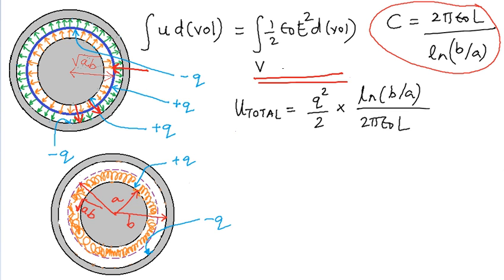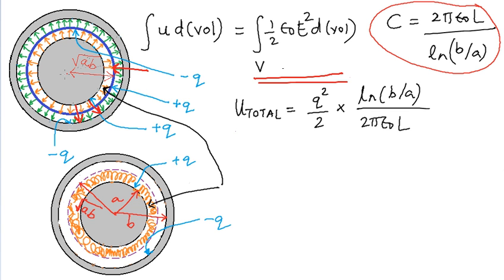We will now proceed to find the electrostatic energy contained in this region, and we have proved earlier that it is equal to the electrostatic energy contained in this region, which in turn is the electrostatic energy in the gap between the plates of a cylindrical capacitor.